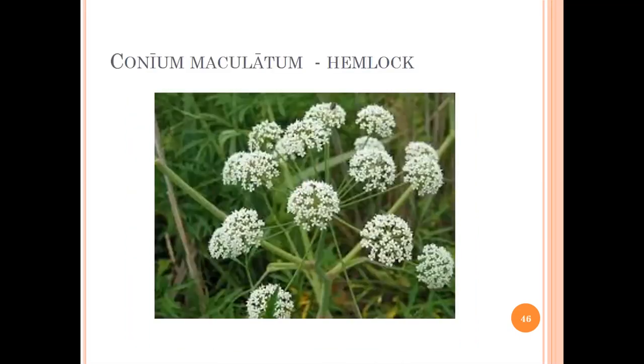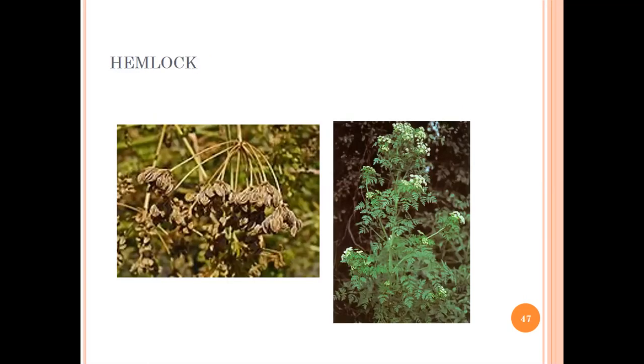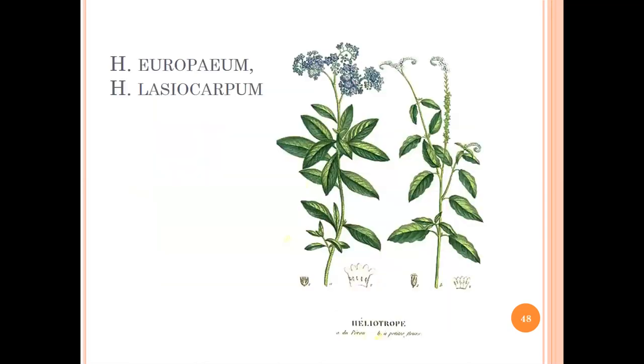For example, hemlock contains very strong poisons, and it can be eaten, added to food and salads by mistake, because it looks like some spices, herbs. And Heliotropium europaeum, Lasiocarpine. Just look at this picture, try to memorize how it looks to avoid eating these plants by mistake.